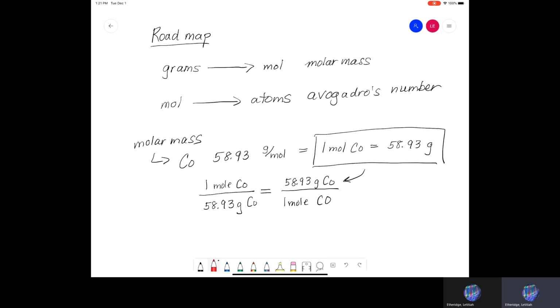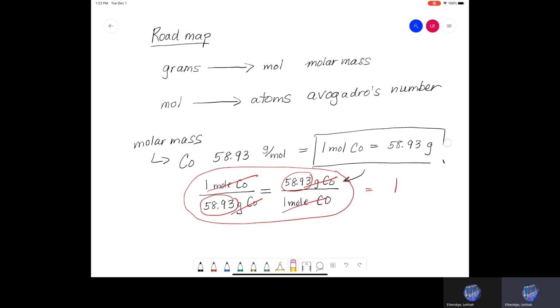Since both equal 1, if you were to cancel them, mole, mole, gram, gram, you would have a value of 1. 58.93 divided by 58.93 gives you 1. So that's why you're able to use them interchangeably.